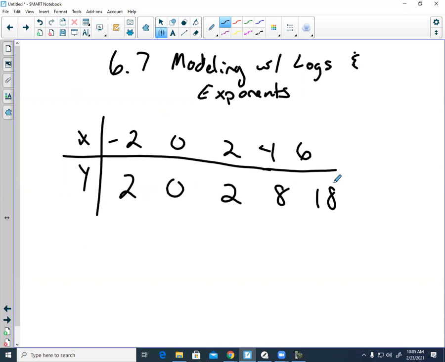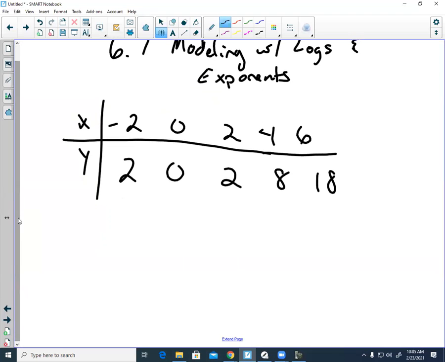Now, this is where we talked about finding the order differences: first order, second order, third order, fourth order. If we find the difference between these, 0 minus 2 is negative 2, 2 minus 0 is 2, 8 minus 2 is 6, and 18 minus 8 is 10.